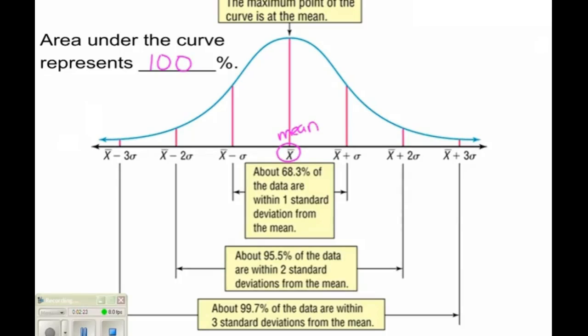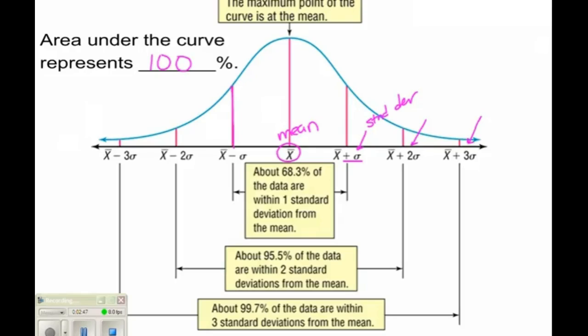So we've got the mean of our data centering in our normal curve. And then I add 1 sigma. And remember, sigma stands for a standard deviation. So all we're doing is adding 1 standard deviation that has been calculated for the data that we're working with. And then we go out 2 standard deviations and 3 standard deviations.